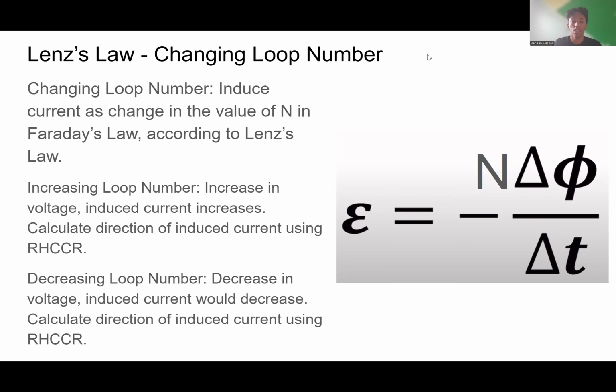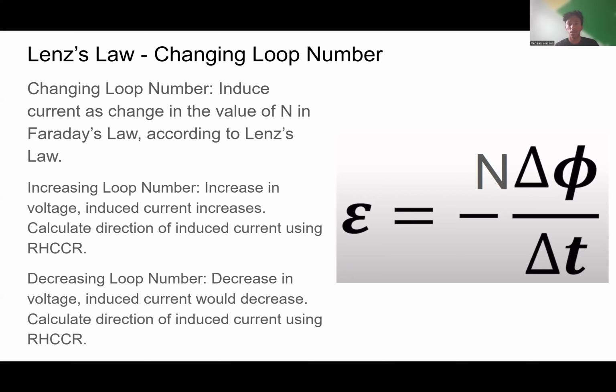Okay, here's something that's a little bit different, but it's not very hard. Inducing current by changing the value of N is in Faraday's law, not the flux equation. So essentially, changing the loop number works only with changing the first three variables: angle, field, and area.